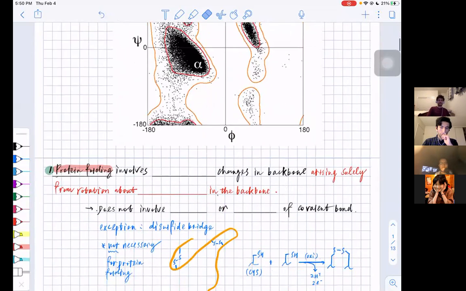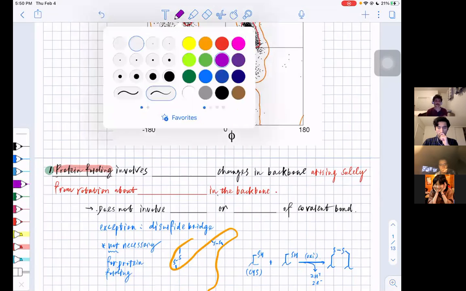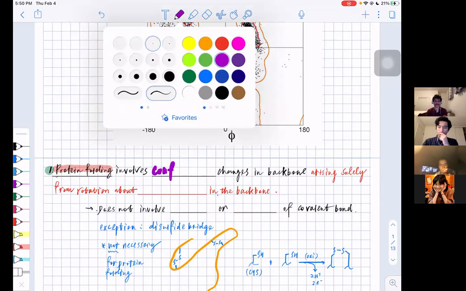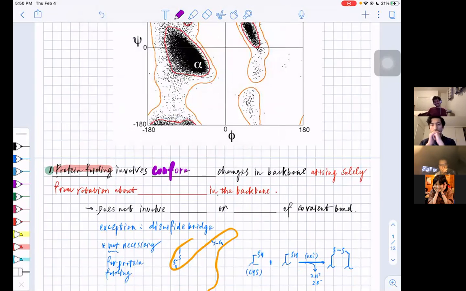First of all, the process where the restriction arises is protein folding, which involves conformational change in the backbone, solely arising from the rotation about covalent bonds in the backbone, which means it does not involve the breakage or reformation of covalent bonds.